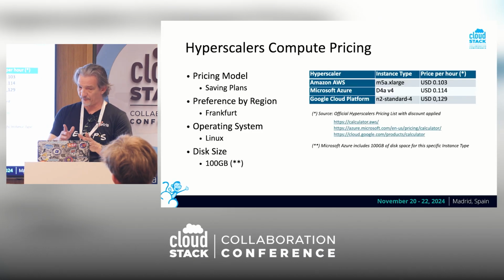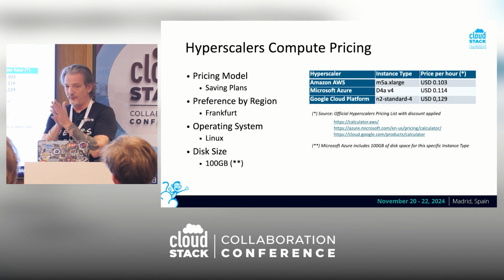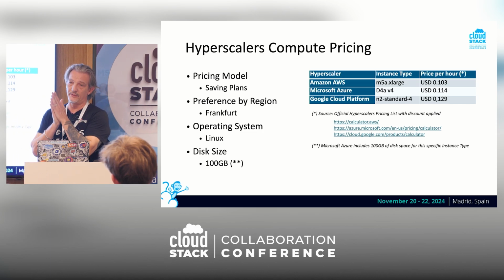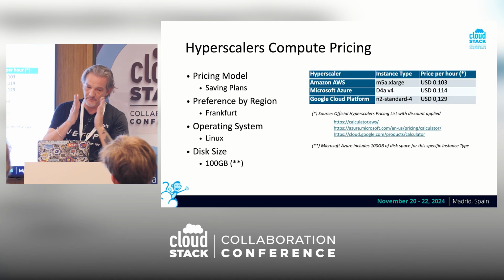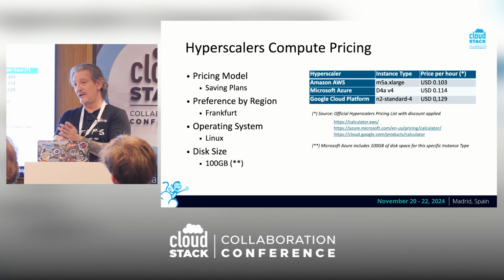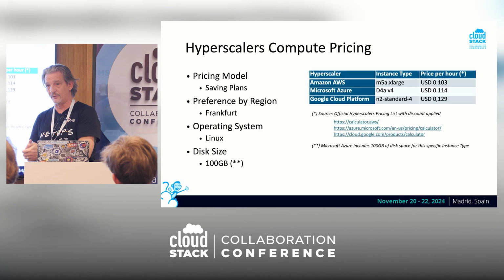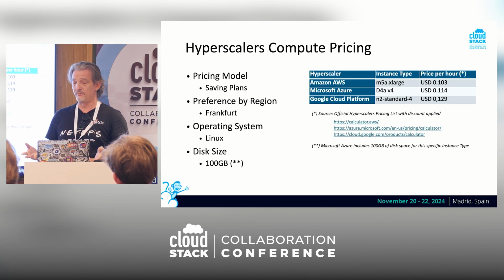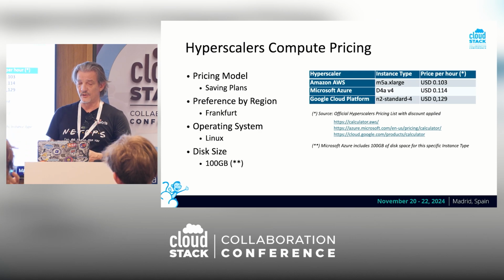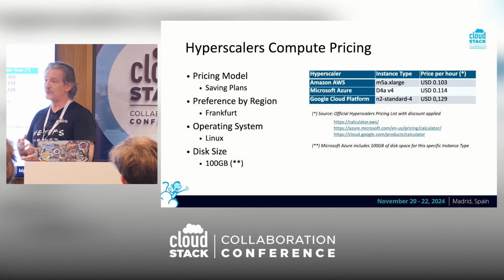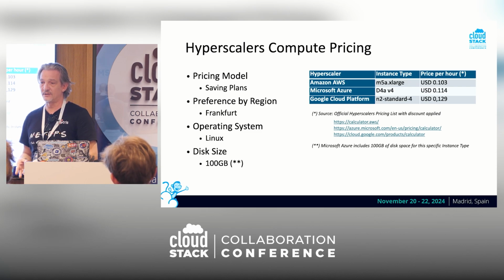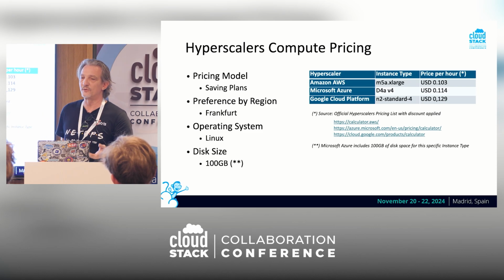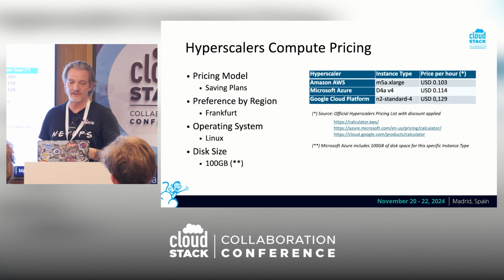For computing pricing related to the hyperscalers, I'm using savings plans as the pricing model for all of them, preferring by region, all running in Frankfurt. Using Linux as the operating system, because I don't want to make this research complex by including costs related to the license of the operating system.